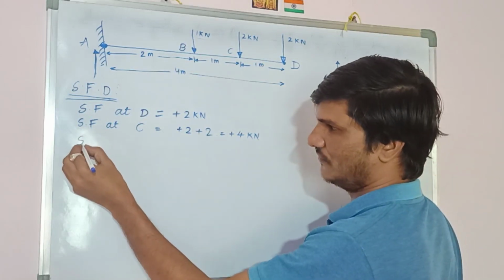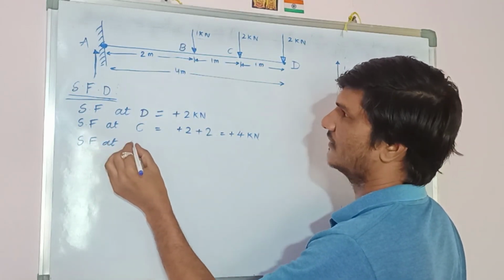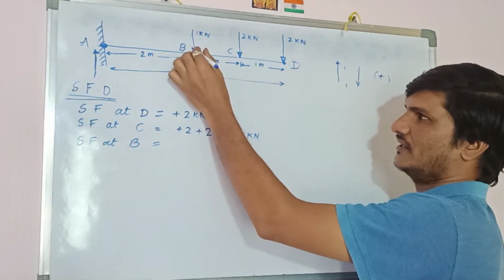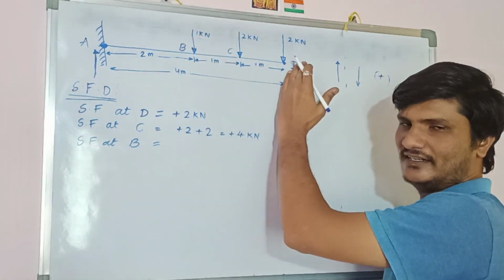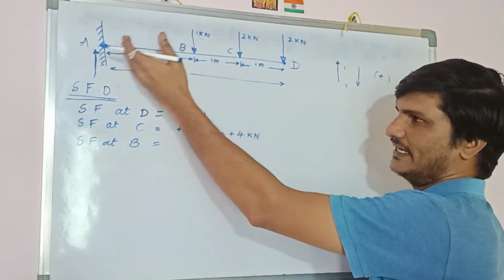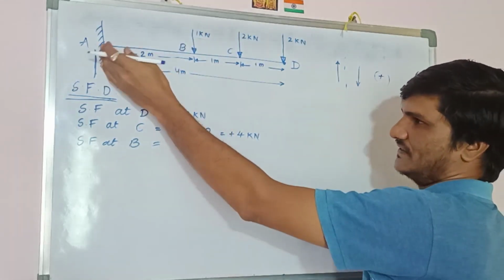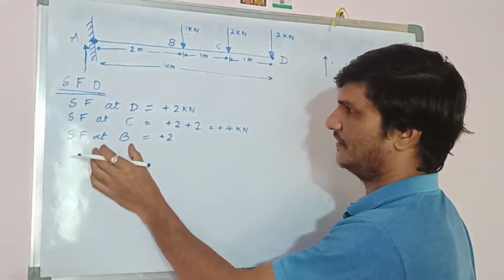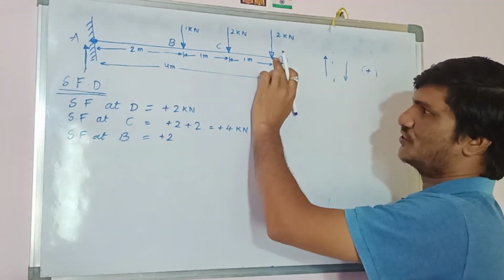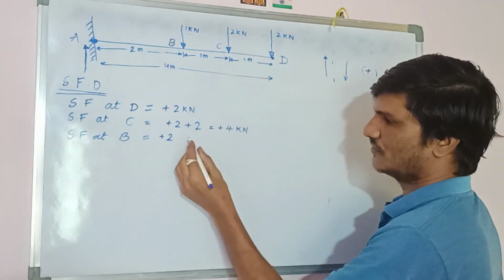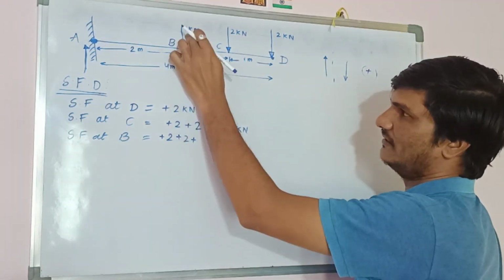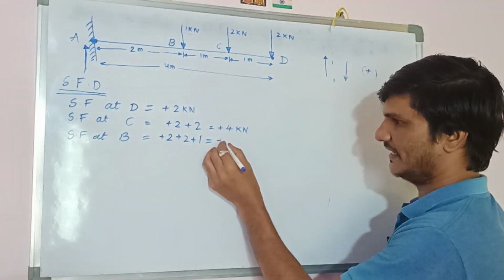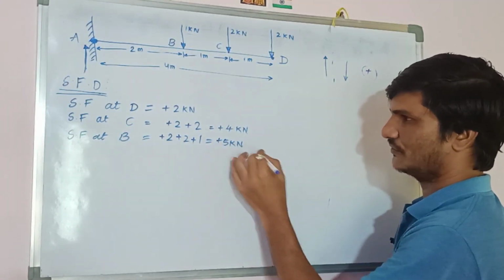Similarly, the shear force at B. As I said, all the right side forces will be considered, and on the left side we have the reaction force. So the shear force at B is 2 plus 2 plus 1, so we will get plus 5 kilonewton.